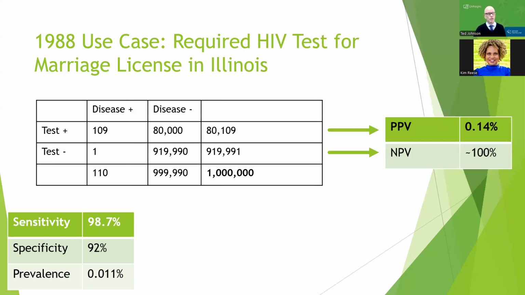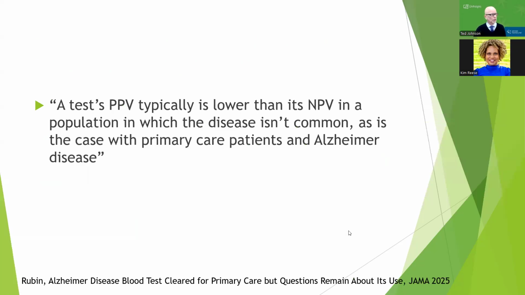So you get a positive predictive value of 0.14% and a negative predictive value of practically 100%. You've got 109 with disease and a positive test, and 80,000 positive tests overall, so you can see how the positive predictive value becomes very low.